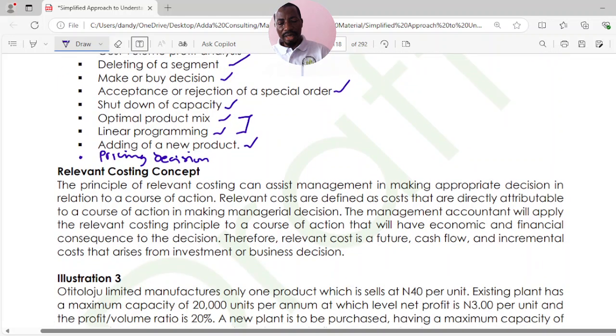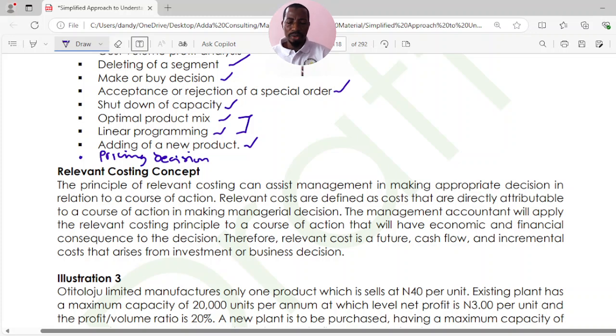The second part is relevant costing concept. What do you understand by relevant costing? The relevant costing concept is a principle which can be used to assist management in making informed and appropriate managerial decision relating to a particular course of action.